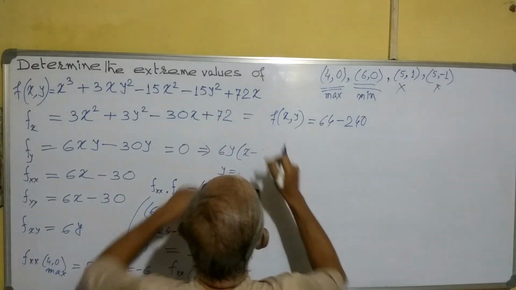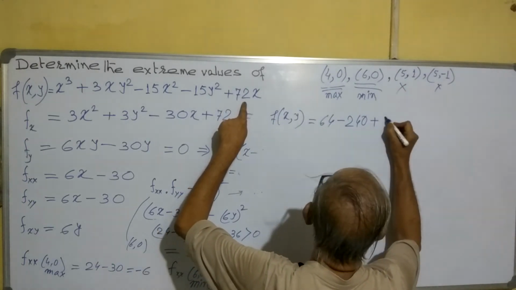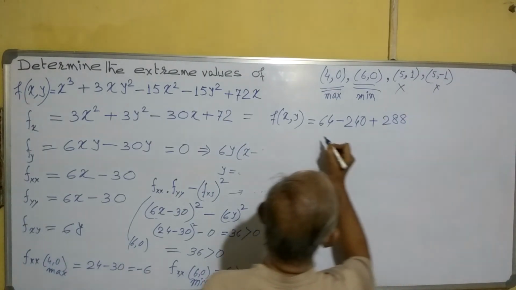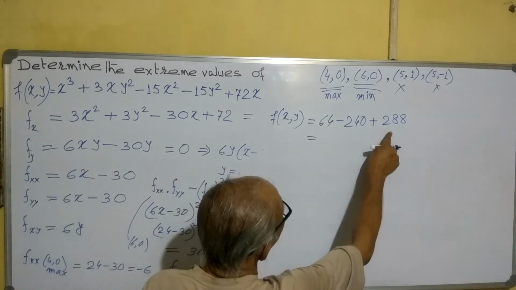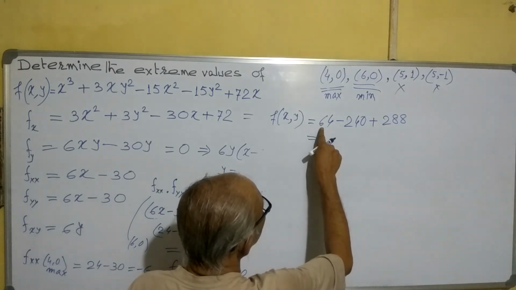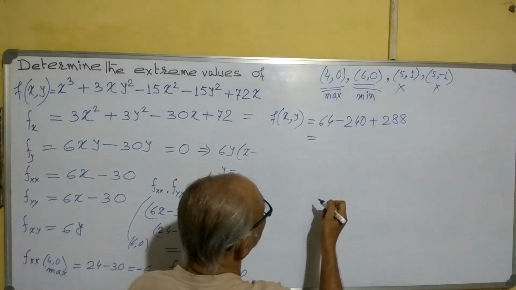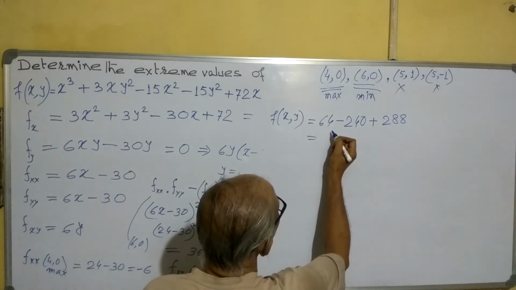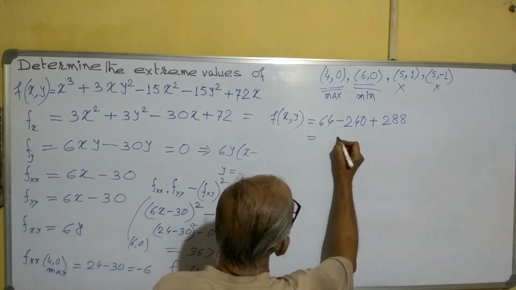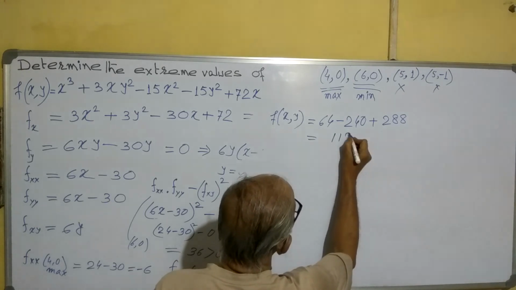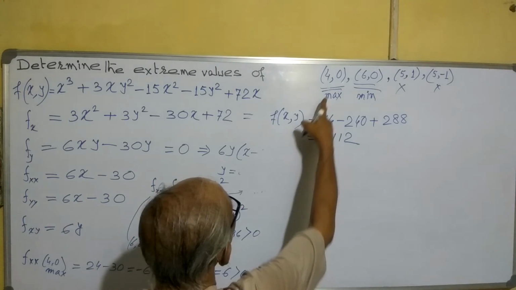This will be 0 plus 72 into 4, 288. So this is 288 minus 240, which is 48. 48 and 64, you can do these calculations, is 112. This is what we get by putting it at 40.